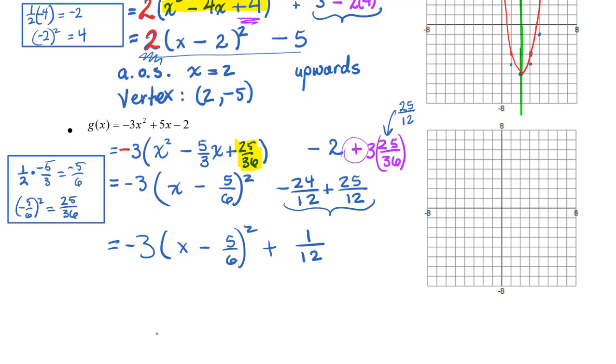So my function is now ready for analysis. I know that it's a downward facing parabola. I know that my axis of symmetry is x equals 5/6.